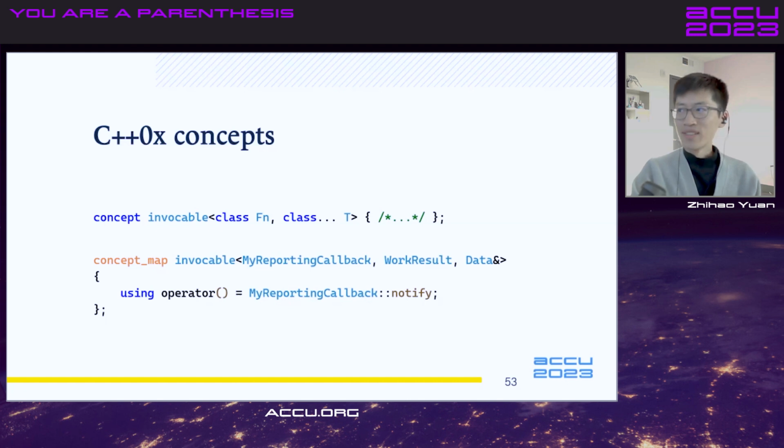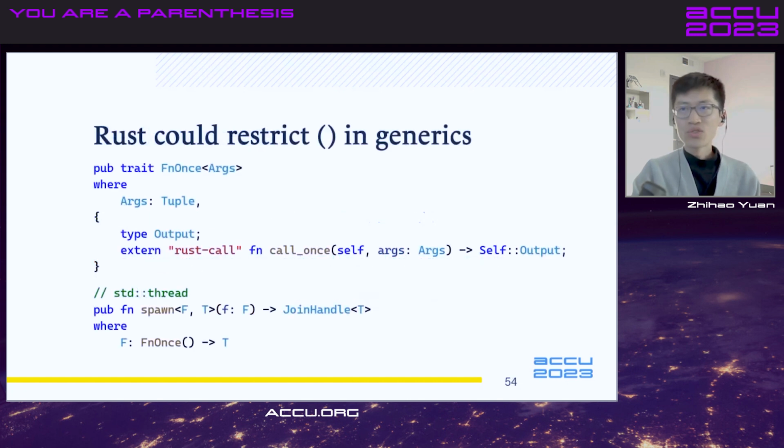And that is why I say Rust doesn't have to have operator parentheses, although strictly speaking, it has operator parentheses, because once your type implements some special interfaces, you can then call the type outside the generic code.